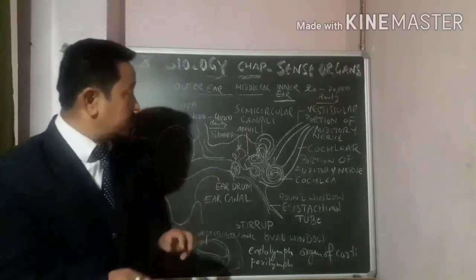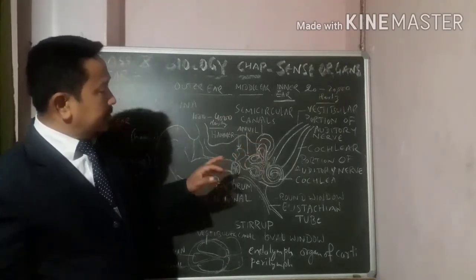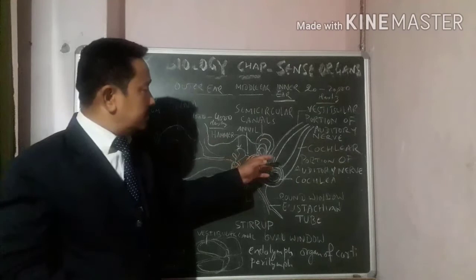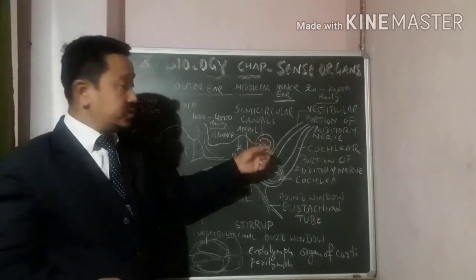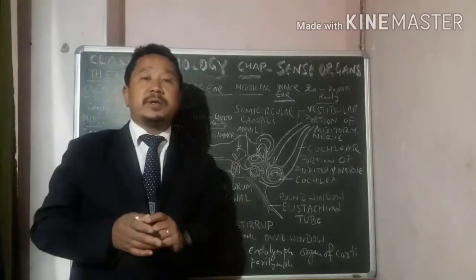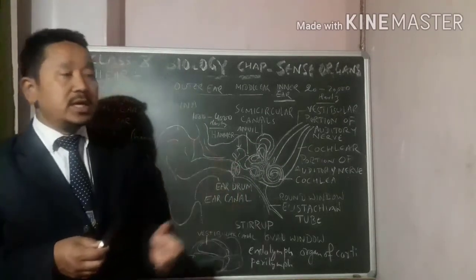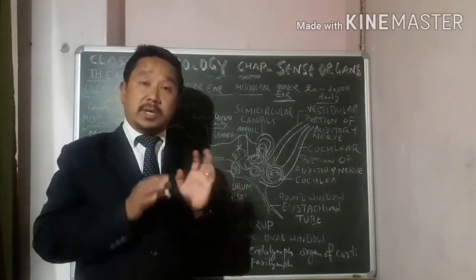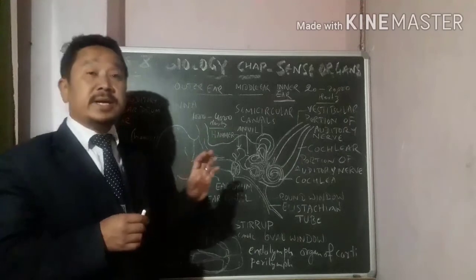As I've told you, the semicircular canals are meant for maintaining dynamic balance. That means when we are moving, the body has to balance, and at that time the semicircular canals maintain the balance.